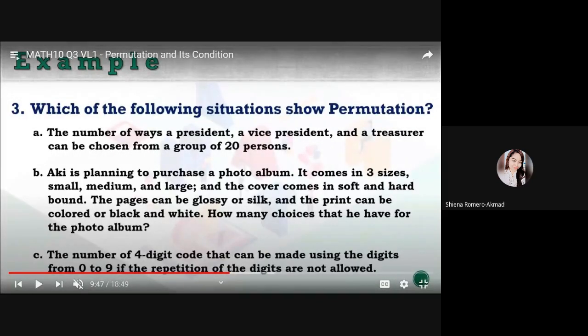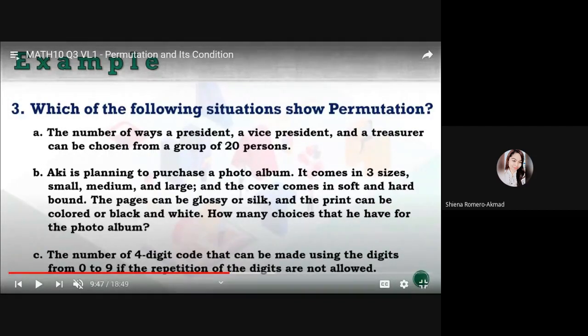May tatlong sizes: small, medium, large. Alin dyan yung pipiliin natin? Medium. Gawin natin medium. So, inuna nating pinili yung size.